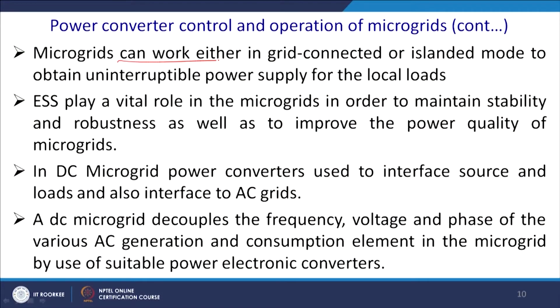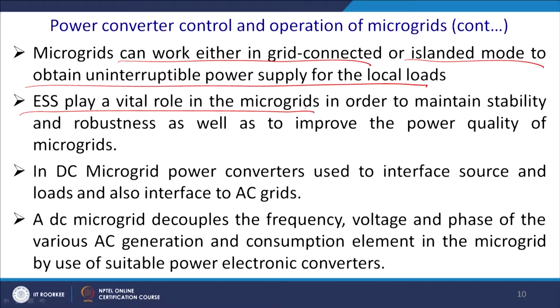So, a microgrid can work either in grid connected or islanding mode to obtain uninterruptible power supply for the loads. ESS plays a vital role in the microgrid in order to maintain the stability and the robustness, as well as to improve the power quality of the microgrids.